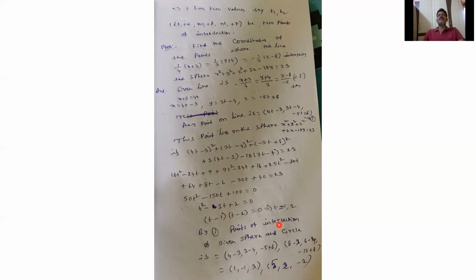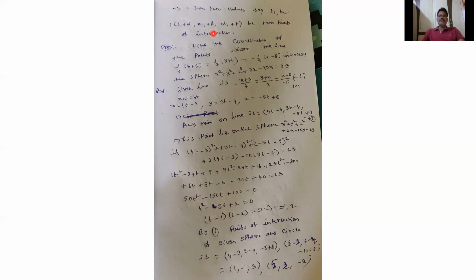So the 4 points of intersection are, one point is (lt1 + alpha, mt1 + beta, nt1 + gamma). And if you write t2, (lt2 + alpha, mt2 + beta, nt2 + gamma), another point of intersection.